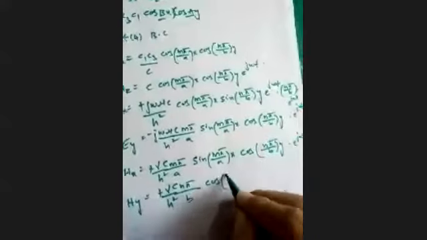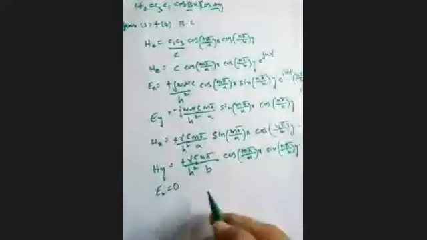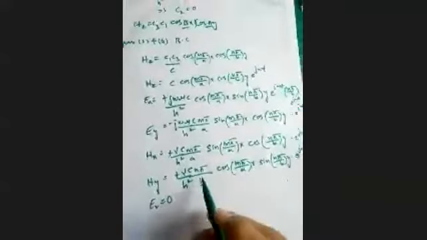This coefficient n pi by b comes, so I'm writing it right away: cos of m pi by a into x into sine of n pi by b into y into e power j omega t, right? So these are the field components. Anyway, Ez is equal to 0. So depending upon m and n values, again you're going to have different patterns for this.